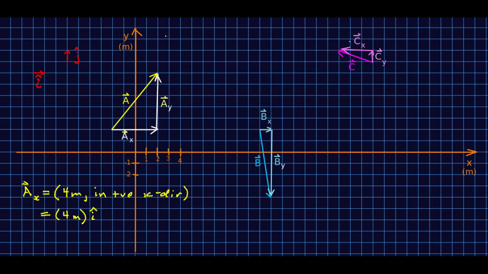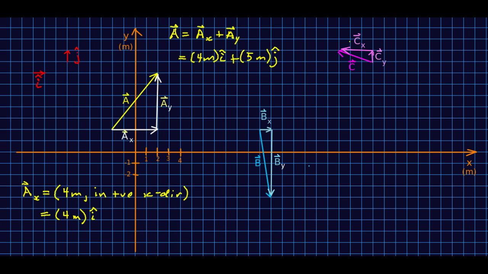But now look what we've got. This is very useful because we now have a new way of writing A. Because we already know that A can be written as the sum of its two component vectors. But you now see that AX can be written 4 meters i, and AY can be written as 5 meters j. And I can do the same thing with these other vectors.